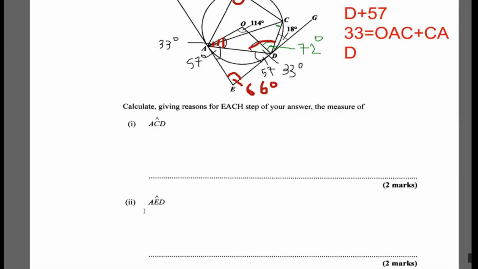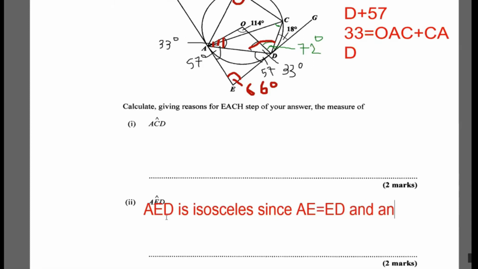So we can tell them that the triangle AED is isosceles since AE is equal to ED, and angle ADE is equal to angle DAE, which is equal to 57.